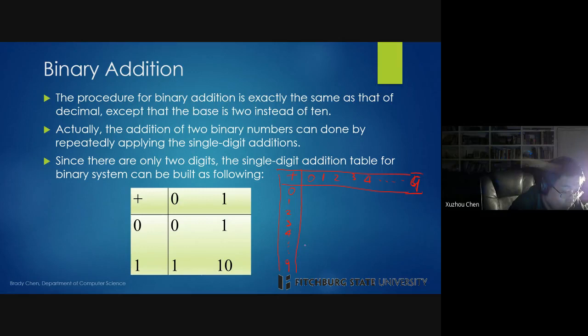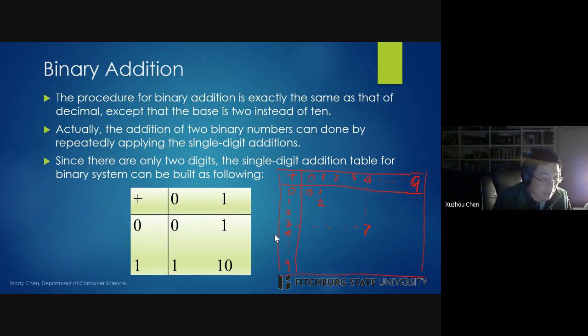Then you can ask, what's the value of 3 plus 4? 3 plus 4 is 7. 0 plus 0 is 0, 1 plus 1 is 2, 0 plus 1 is 1. So you fill out the numbers. That's called the addition table for decimal numbers. It's basically the table for single digit addition. When we ask the computer system to perform addition, we need to tell it the result for single digit addition.